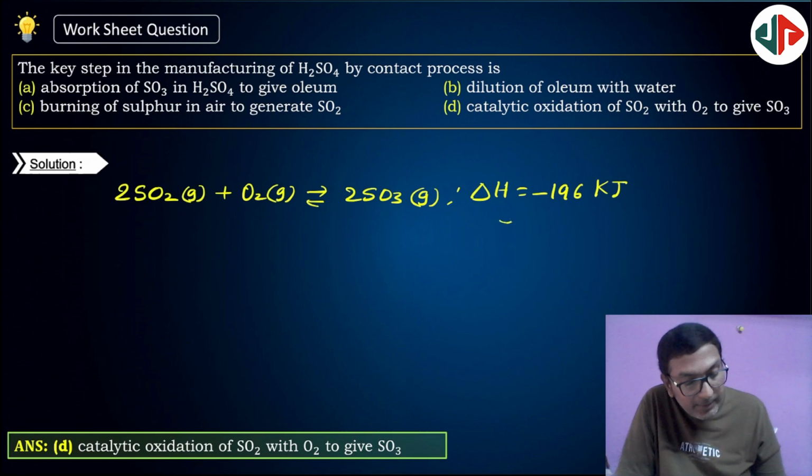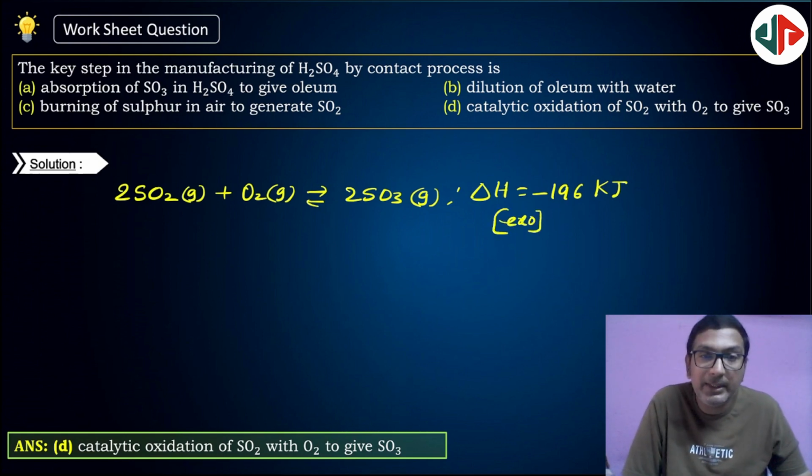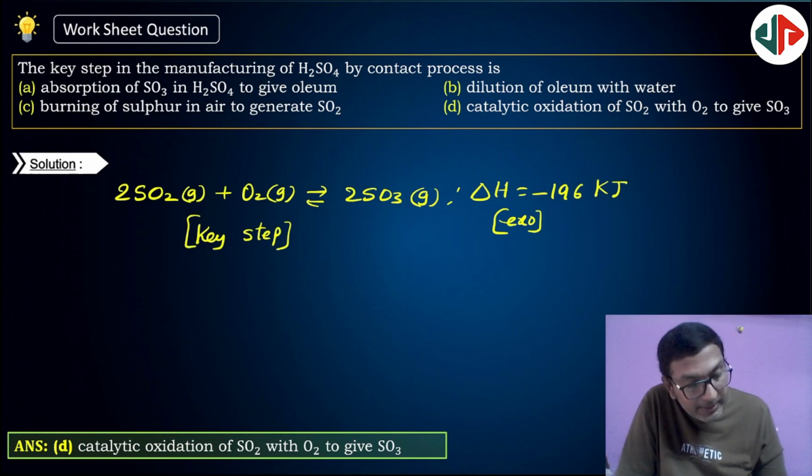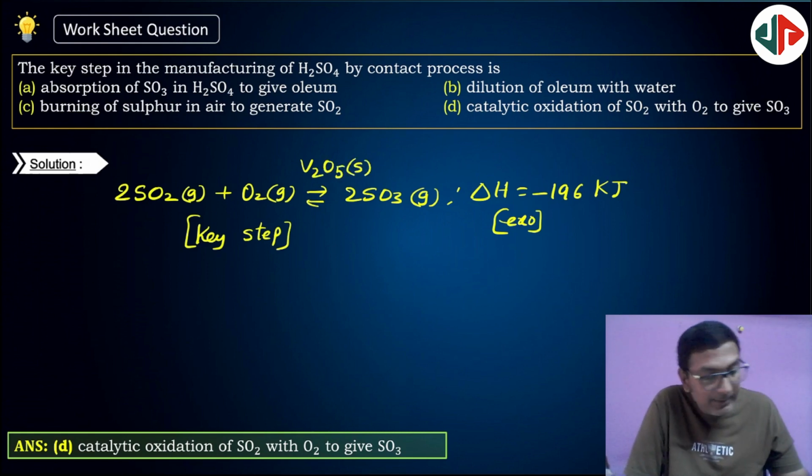So exothermic process. Formation of SO3 is the key step. Very important. So here the best catalyst is V2O5 solid. So D. Catalytic oxidation of SO2 with O2 to form SO3. That is the key step. Next.